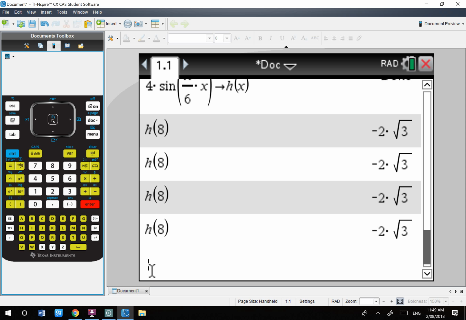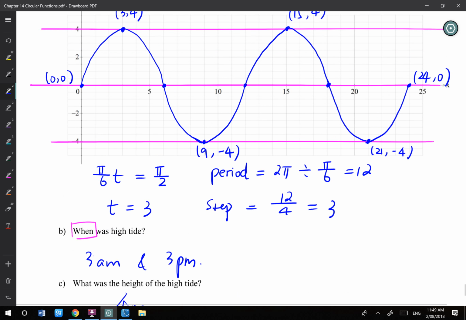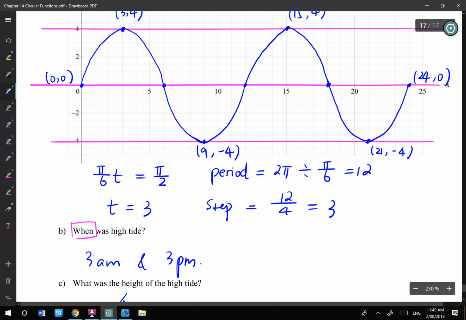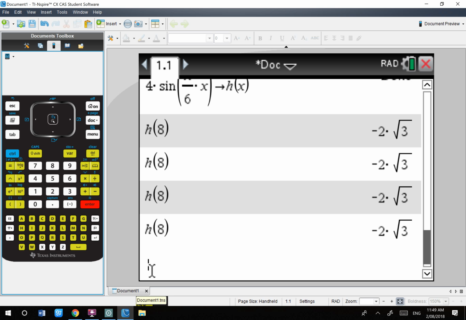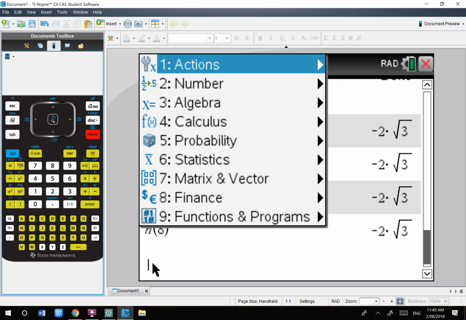Also, if you want to solve for the x-intercept, I know what my x-intercepts are: 6, 12, 18, and 24. But say I want to solve for the x-intercept, after I define the function, I can go Menu 3, 1.